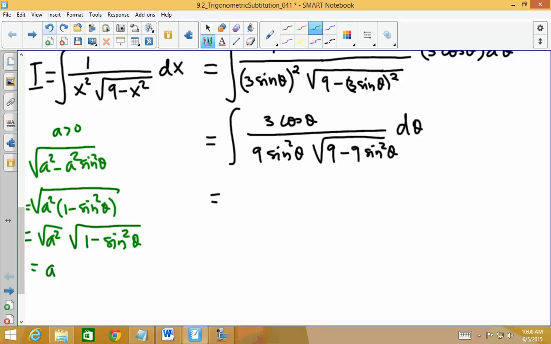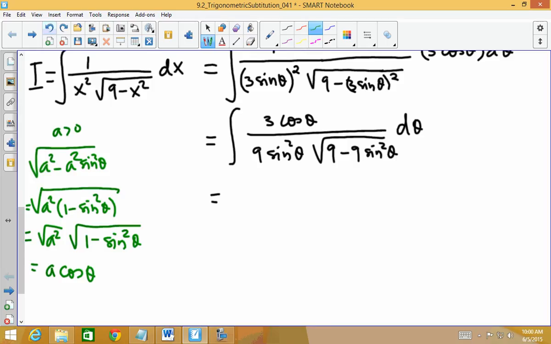Then 1 minus sine squared is cosine squared, and the square root of cosine squared is the absolute value of cosine. Assuming we are in the first quadrant, we just take cosine theta. So the square root of 9 minus 9 sine squared is just 3 cosine theta.